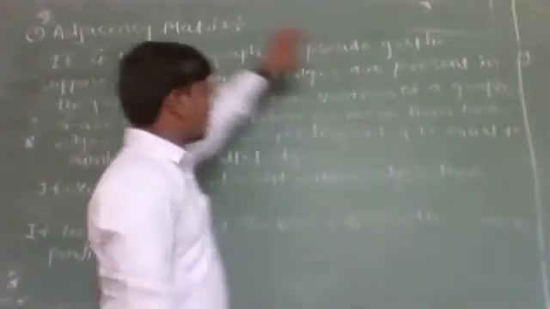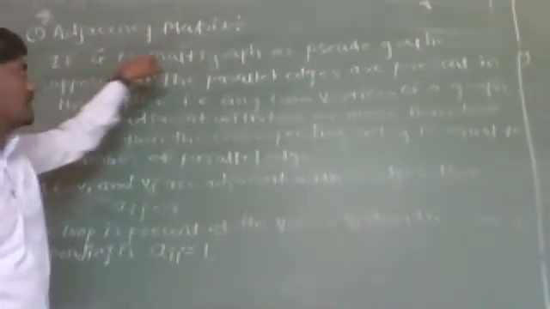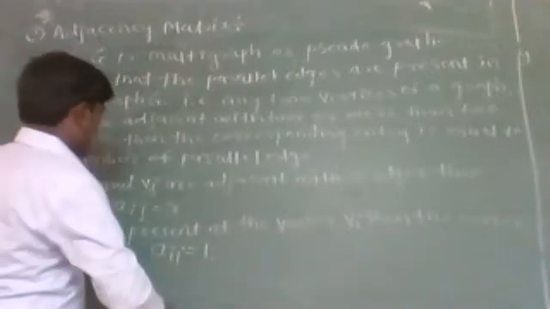So here we can see for any type of graph, first we see for a simple graph. Now if G is a multigraph or pseudograph, then we can find out the matrix by using this method. Let us see the example.